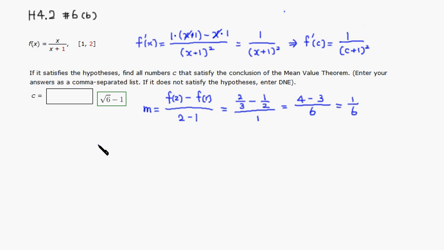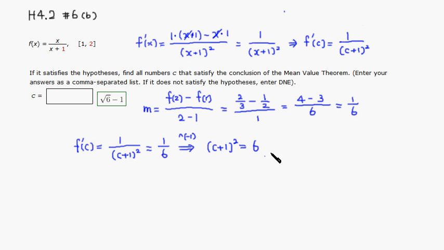So let's set them equal to each other. f prime of c, which we found to be 1 over the quantity c plus 1 squared, is equal to 1 over 6.